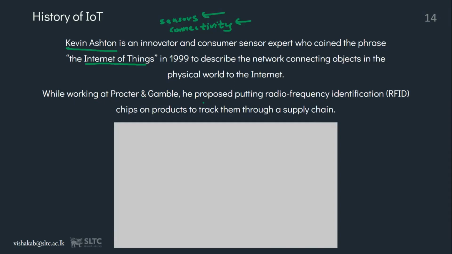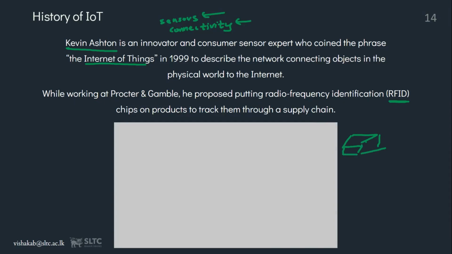So he actually proposed using radio frequency identification, or RFID chips, to identify products in a supply chain in the industry. So he proposed the usage of RFID chips to monitor the products in a product line in the supply chains.